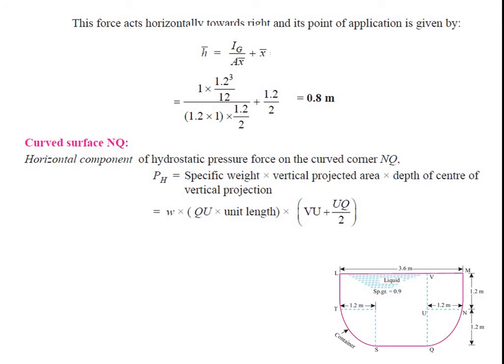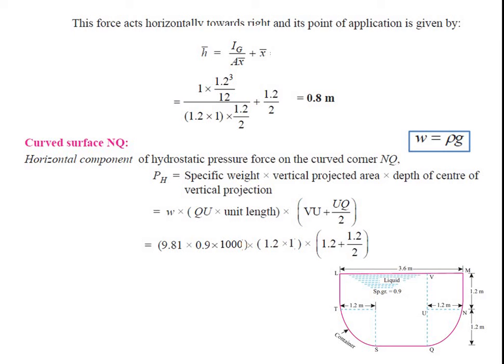So weight W into UQ into unit length, plus the depth of center of vertical projection, which is VU plus UQ by 2. So it is 1.2 plus 1.2 by 2. Or we'll write the values here only.